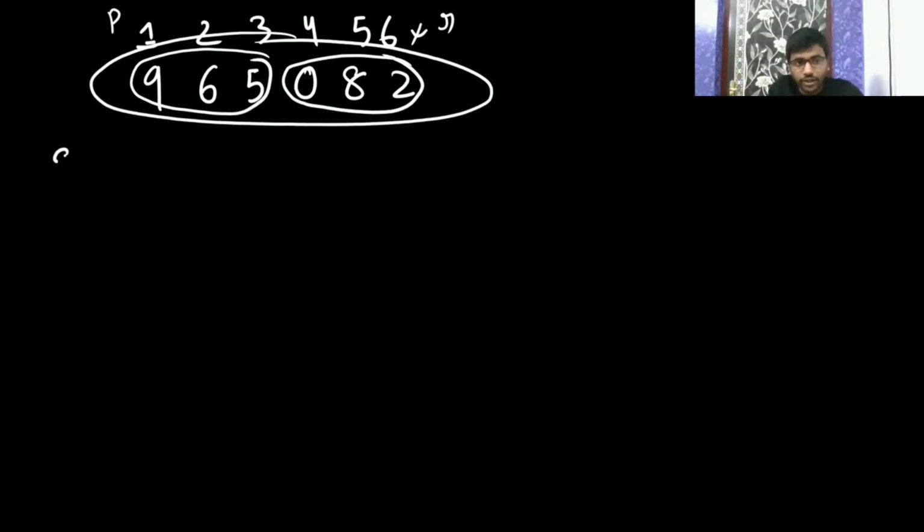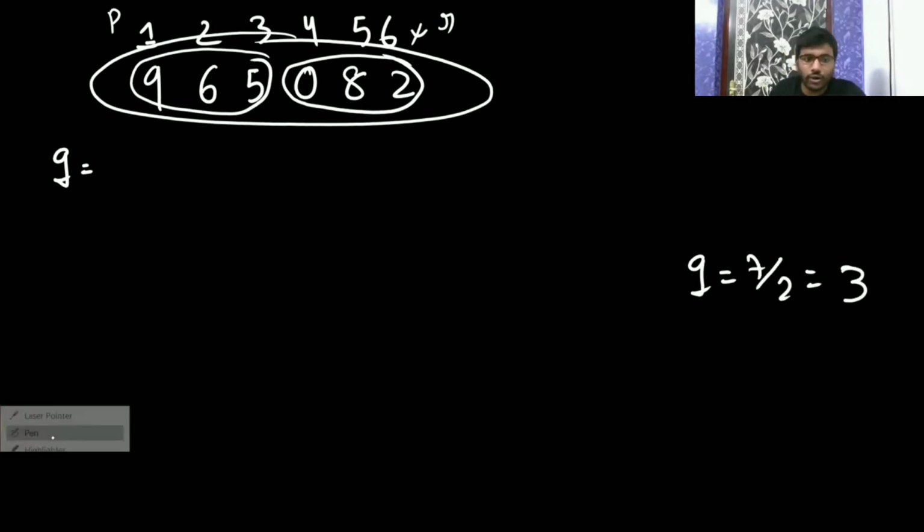Now your Q is P plus R by 2, which is 1 plus 6, 7, and 7 by 2 is 3.5, that is 3. So you are going to call merge sort on 1 to 3.